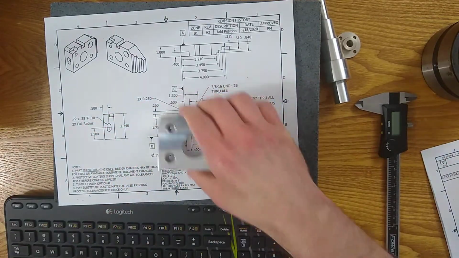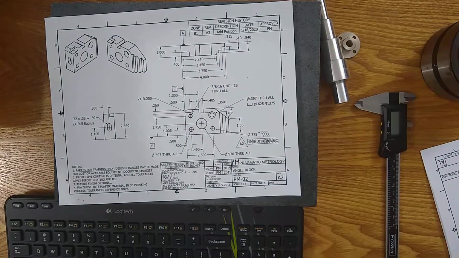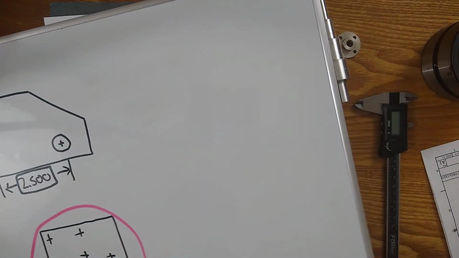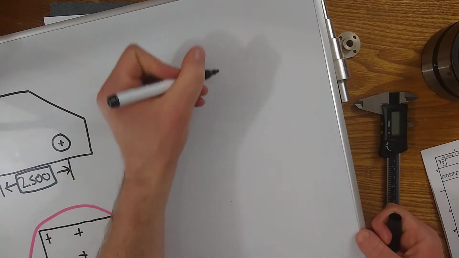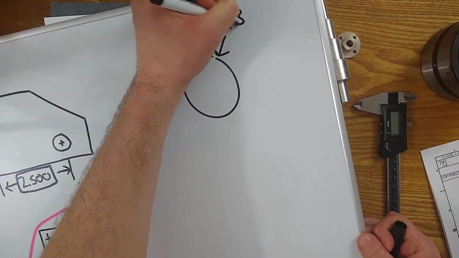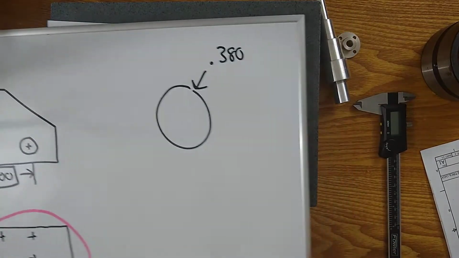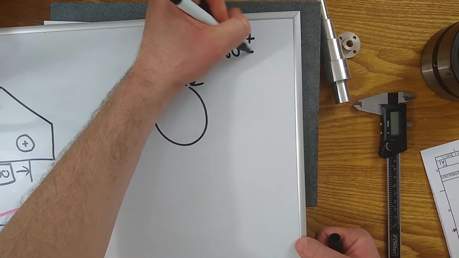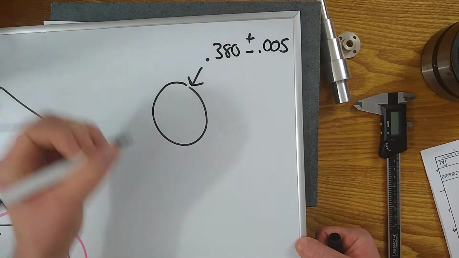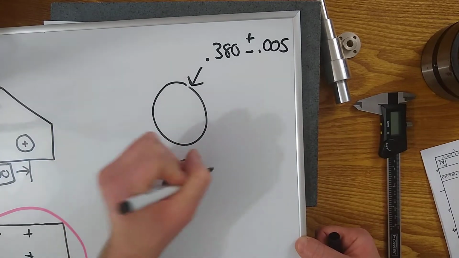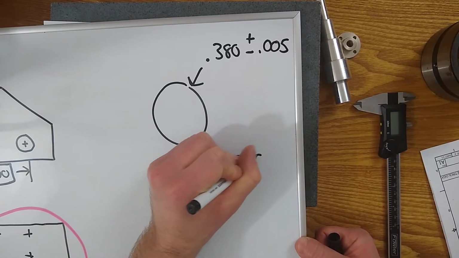So when you're doing a form error check, let's just look at a hole diameter. Let's call it 0.380. In terms of our title block tolerance, 5 thousandths, our diameter needs to stay between 0.375 and 0.385.